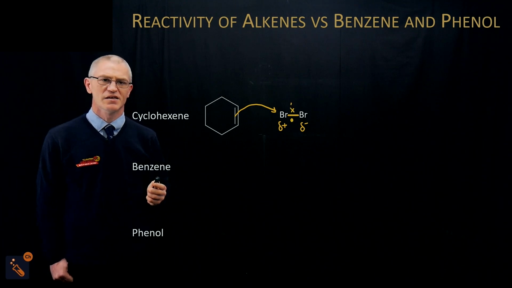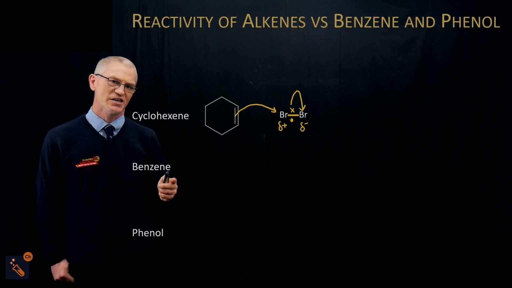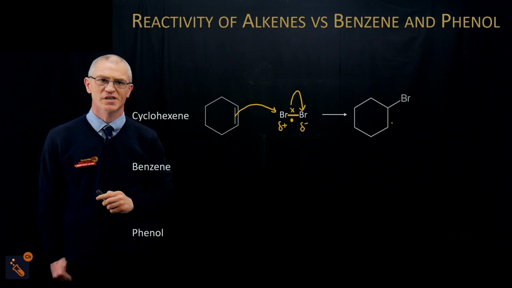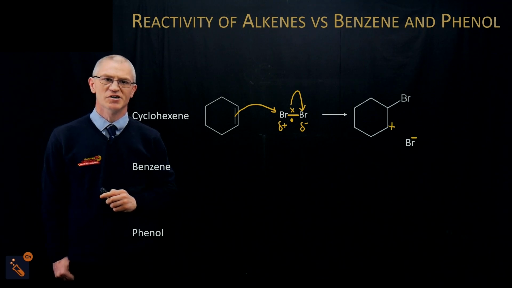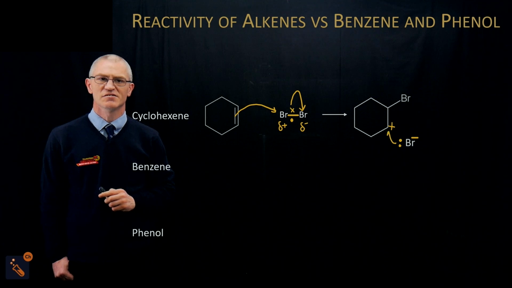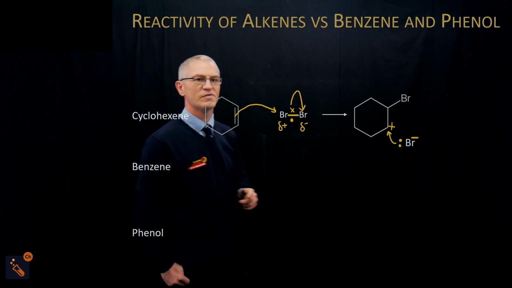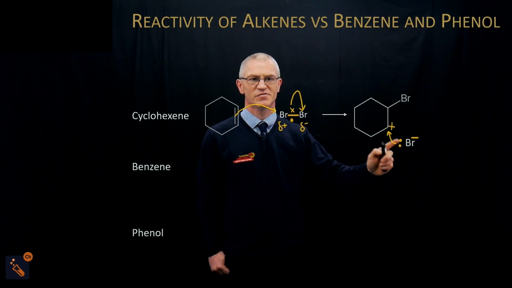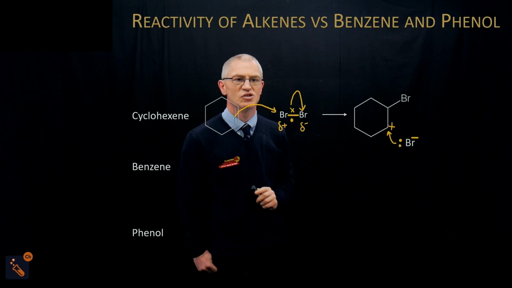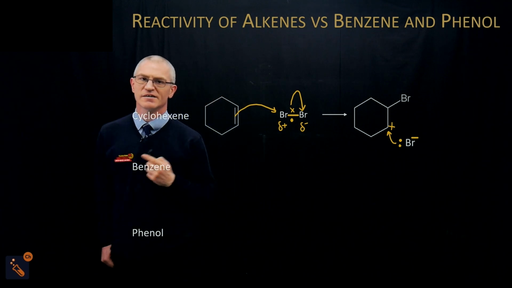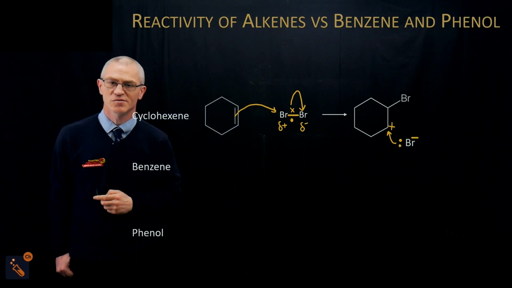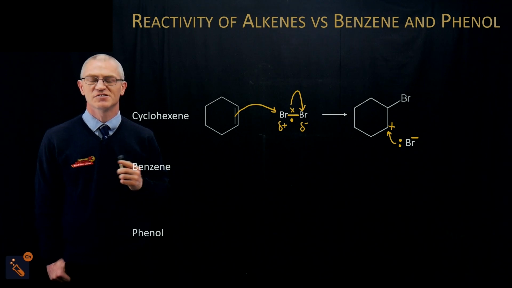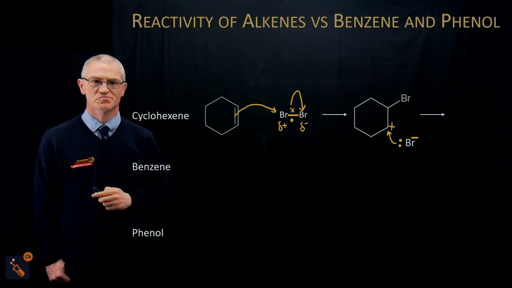Now, that pair of electrons in the middle then go out to the bromine to form Br-. Then the Br- comes in, and you notice, hopefully again, arrows come from where electrons are. So this is coming from a lone pair of electrons to the positive. And that is the mechanism, which hopefully you've done before, of electrophilic addition of a halogen to an alkene.